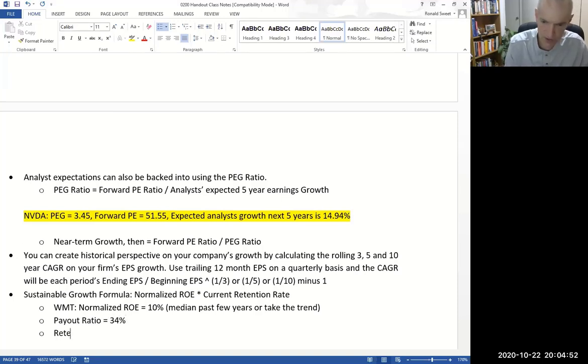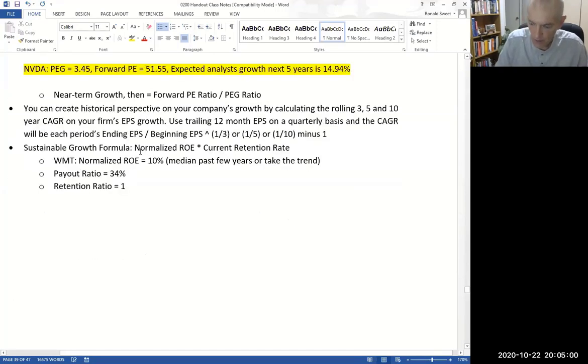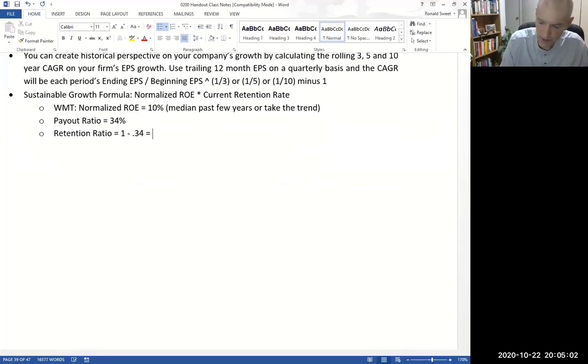That means their retention ratio is 1 minus 0.34, or 66%. So their growth rate equals 10% times 66%, or 6.6%. Now, how does that compare with their actual growth in earnings?